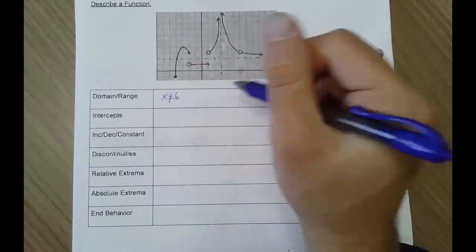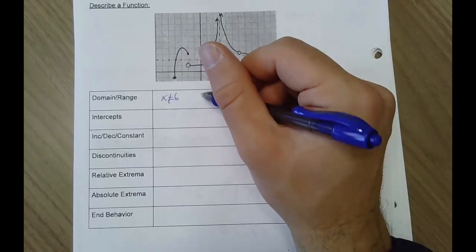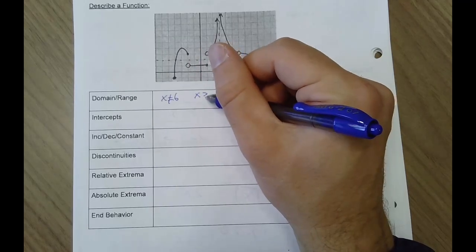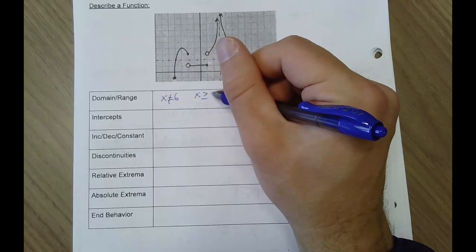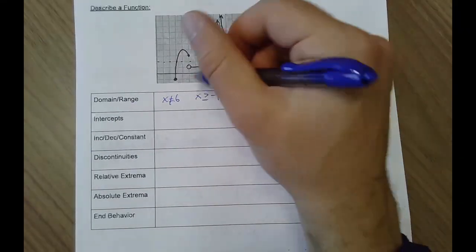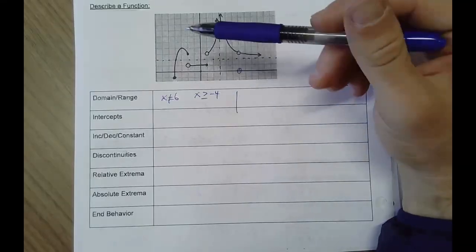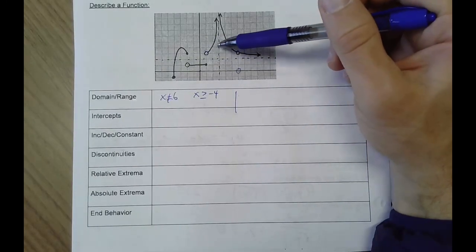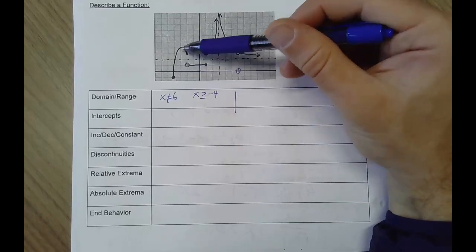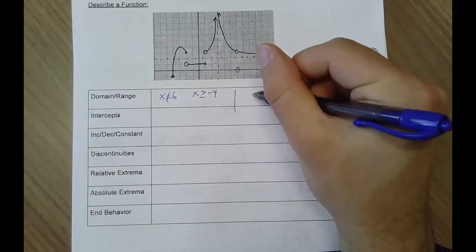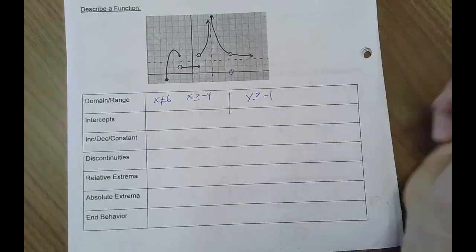So it's like x is greater than or equal to -4 as well. That's the domain. The range here, the lowest we go is -1, but there's no breaks on the y's. Every value is covered. So we would say y is greater than or equal to -1.